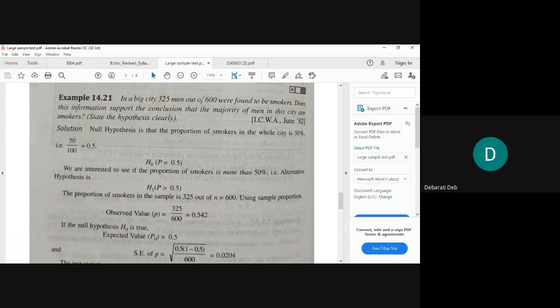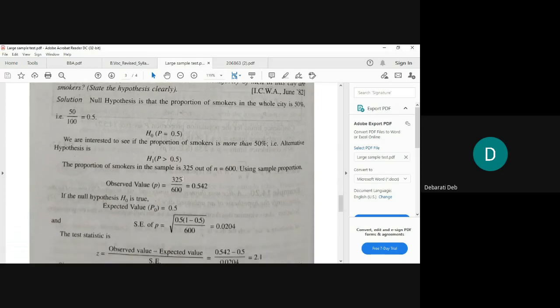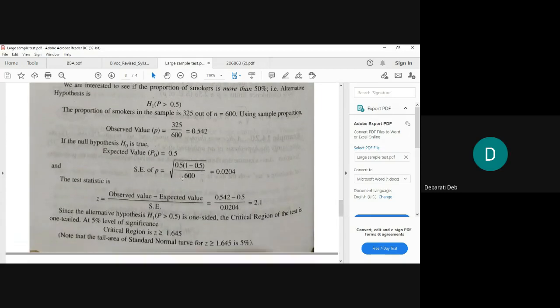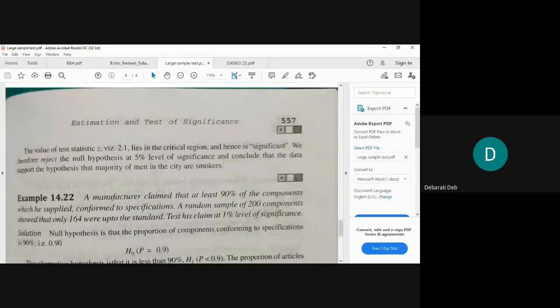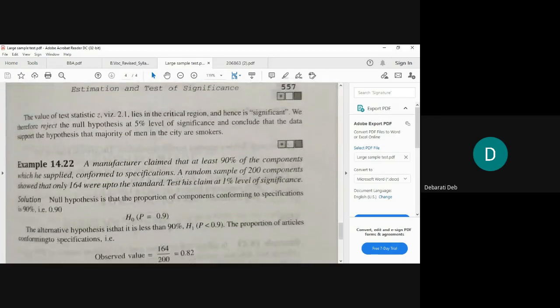Because out of 600, more than 50% are already smokers. 50% of 600 is 300, but it is 325, so more than 50%. That's why we took more than 50% in the alternative hypothesis. So this concept should be in your mind, and accordingly you need to take the null and the alternative hypothesis. Understood?